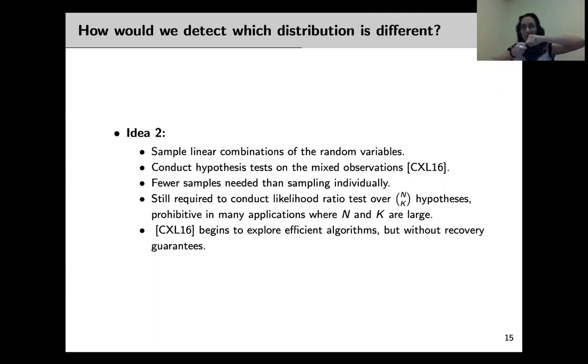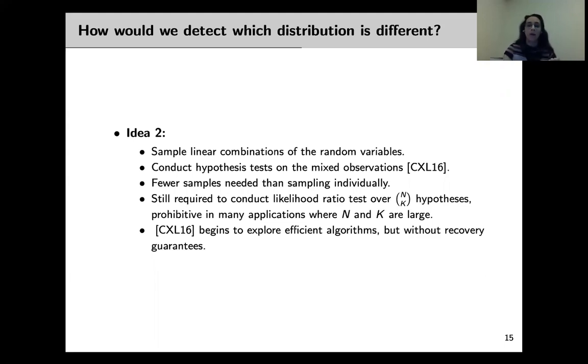That's like taking a mixed observation, and we conduct hypothesis tests on those mixed observations. Now maybe we need fewer samples than if we sampled them individually, but it still requires that we conduct quite a few hypothesis tests, which makes this infeasible when you have pretty large dimensions in your system.